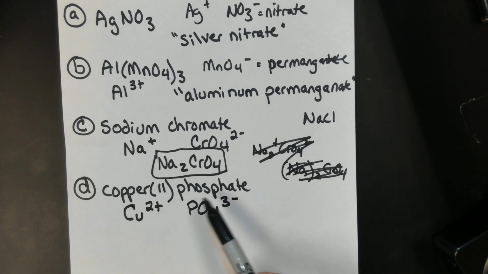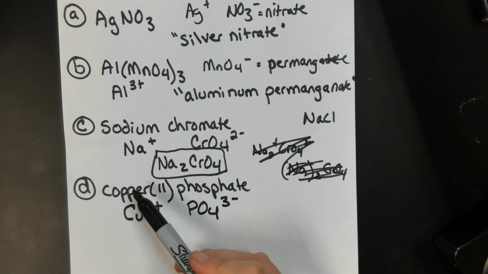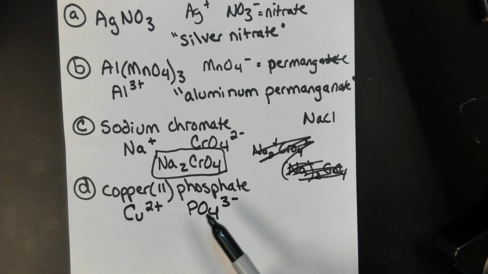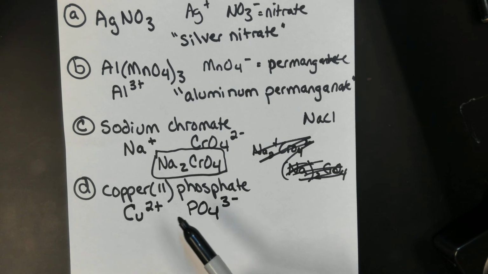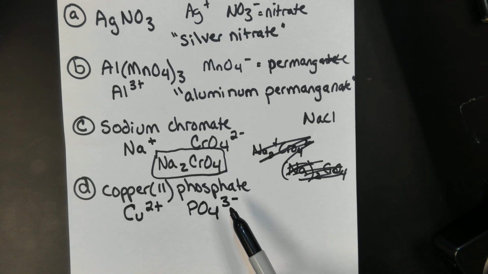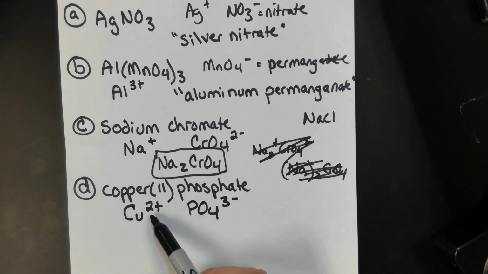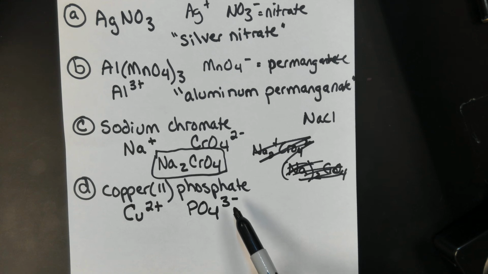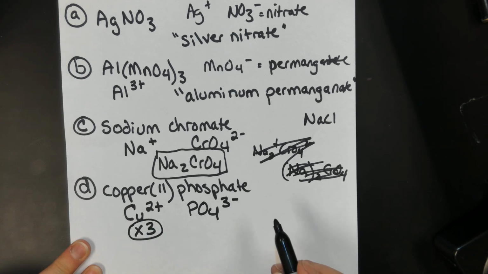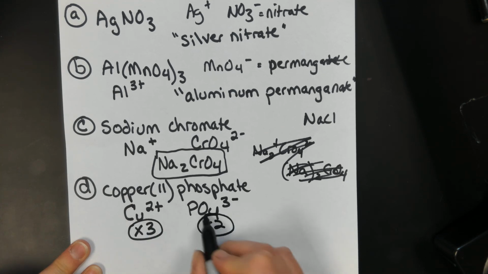So I have to balance these out, and you can't cut an atom in half. So I'm going to have to take multiples of each in order to reach the smallest common multiple. The smallest common multiple that 2 and 3 have in common is 6. So I'm going to have to make this into a 6+ and make this into a 6-. I'll have to take 3 of these, and I'm going to have to take 2 of these.